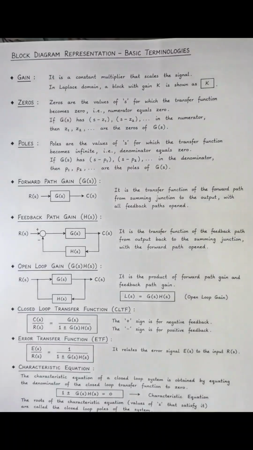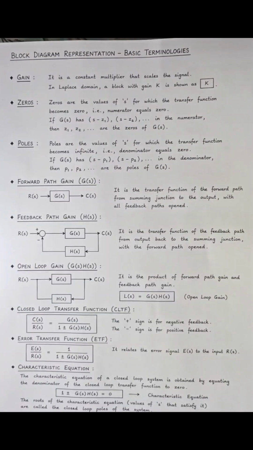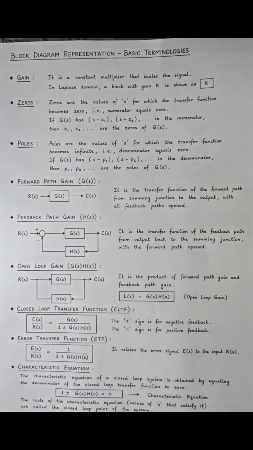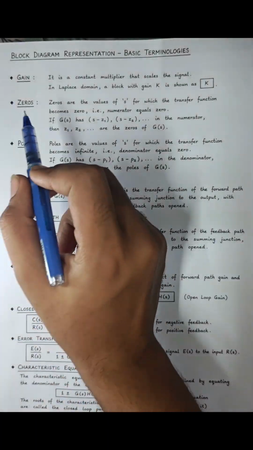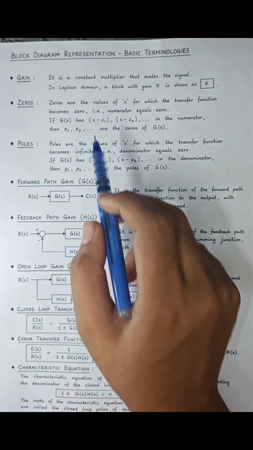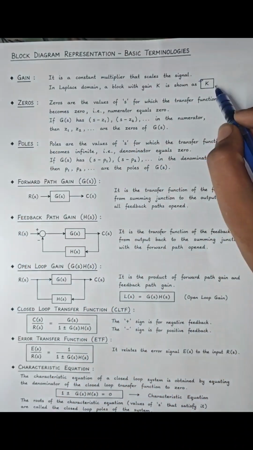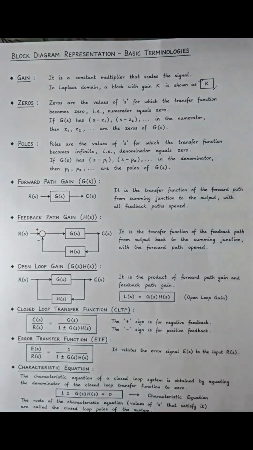Every system has some basic terminologies. These are very basic terminologies which we will discuss in the whole control system course, and these are always the same. The first terminology is gain. Gain is nothing but the constant multiplier.